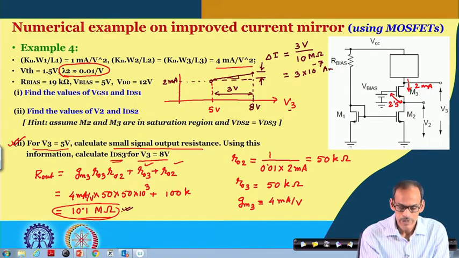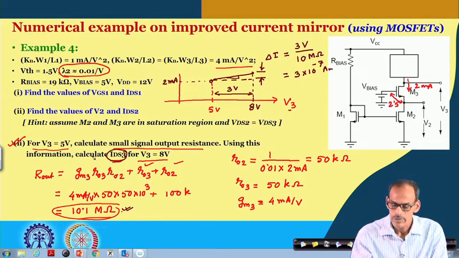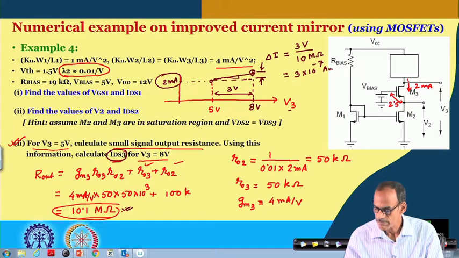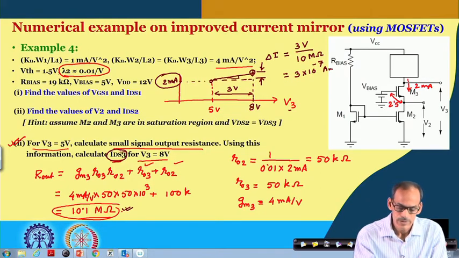So, the corresponding current here at this point is 2 milliampere plus this one. So, we can see that this current equals 2.0003 milliampere.